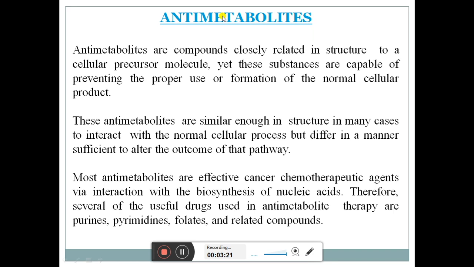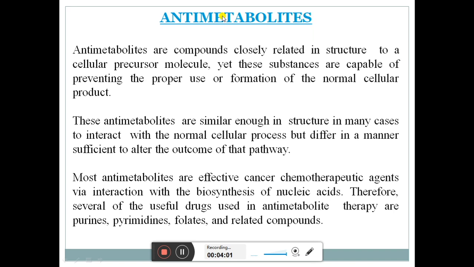These antimetabolites are similar enough in structure in many cases to interact with normal cellular processes, but they differ sufficiently to alter the outcome of that pathway. So what do they do? They are similar in structure and interact with the normal cellular processes observed in a normal cell, but because they differ in the manner of formation of the new product, they alter the outcome of that pathway.